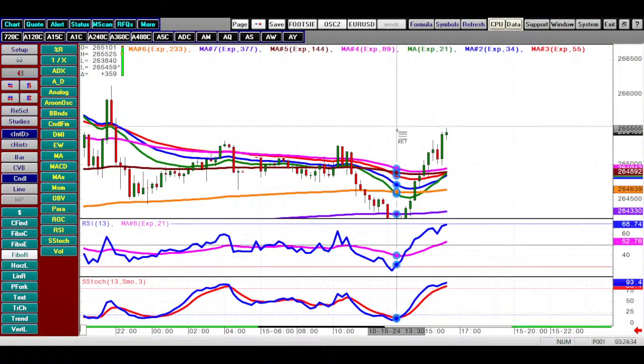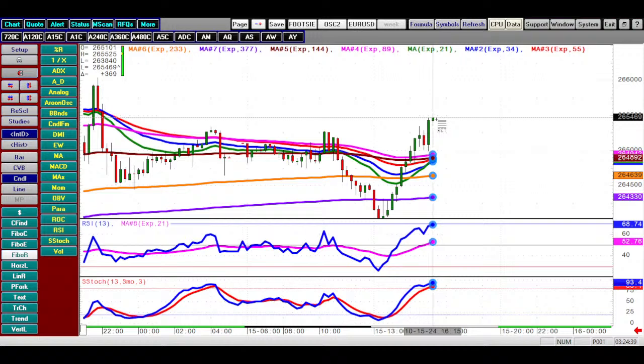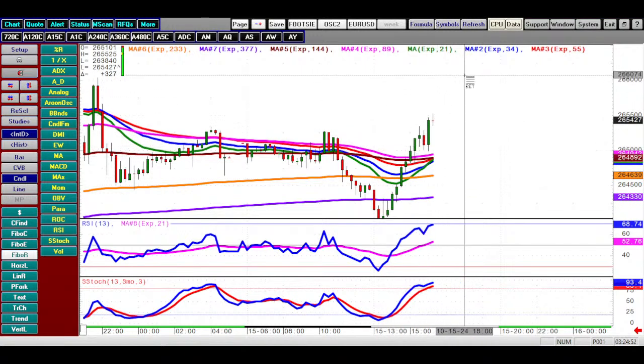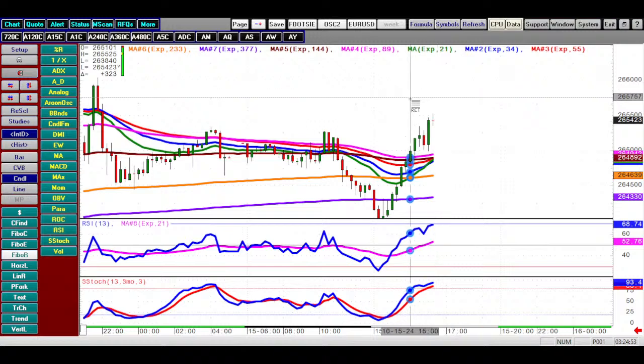So this kind of scenario should happen at 1700 hours or 1900 hours. So you just pay attention to this, stay focused, and try not to miss this trade.